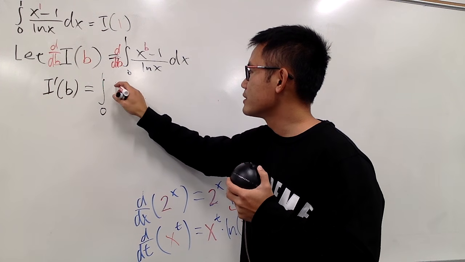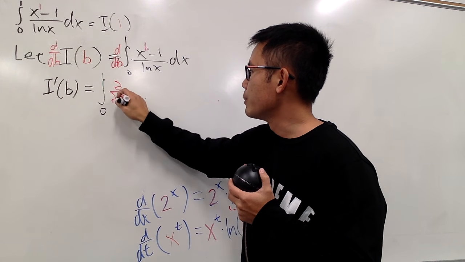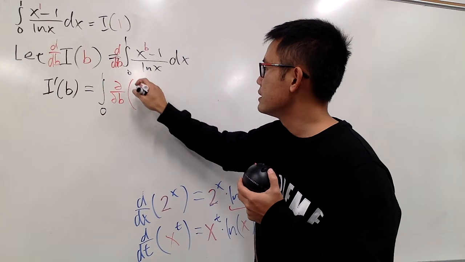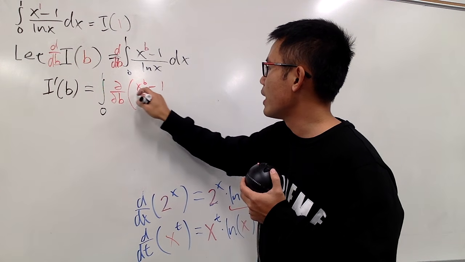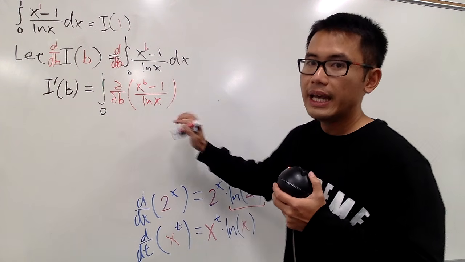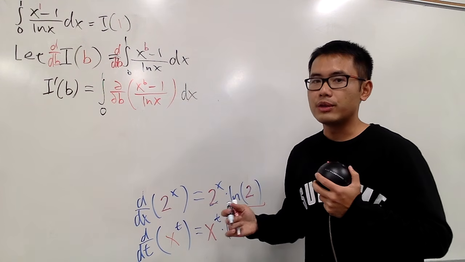So we will first do the partial, and I want to do this with respect to b first. And then we'll look at the function, which is x to the b's power minus 1 over ln x, right? So we do this first. At the end, we will integrate whatever that is with respect to x.